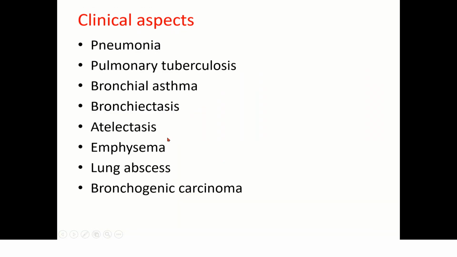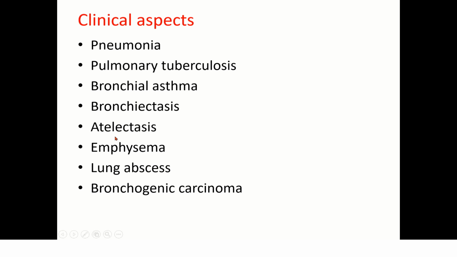Applied aspects: most commonly, infection of the lungs will result in pneumonia. Pulmonary tuberculosis is infection of the lung by Mycobacterium tuberculosis bacillus. It is seen in immunocompromised patients like acquired immunodeficiency syndrome. Then bronchial asthma, spasm of the bronchi, which may be allergic or secondary to any other condition.